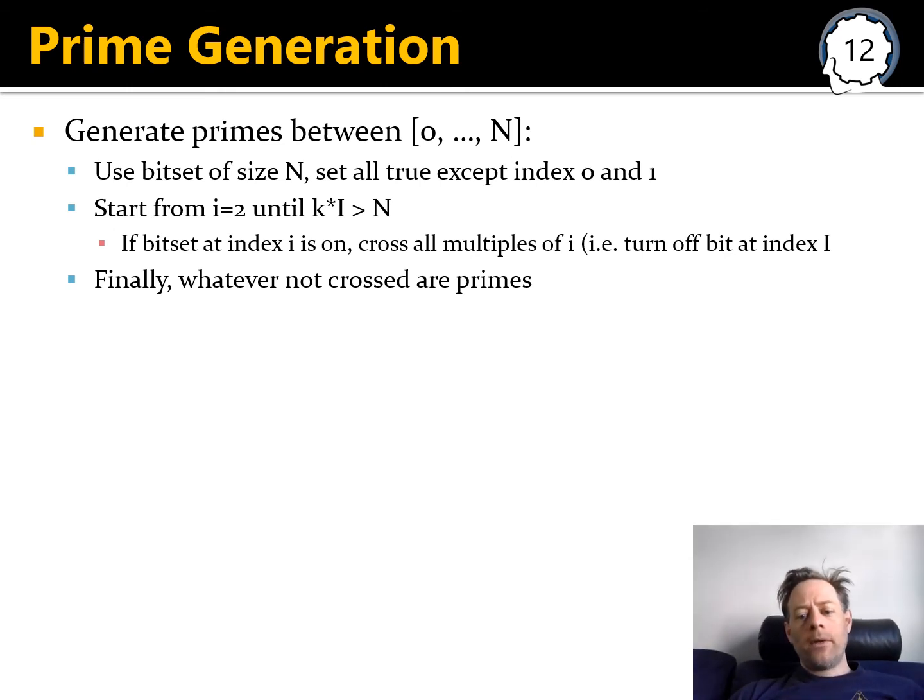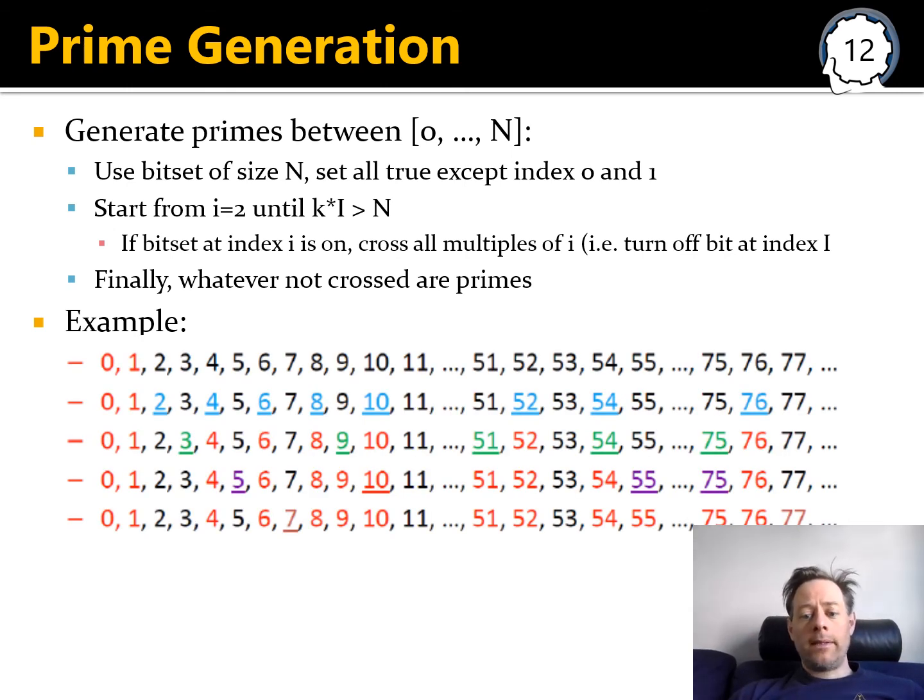So we start with the lowest prime number we know, which is 2. So 0 and 1 are not prime numbers. We take the first uncrossed number, which is 2, and then we remove all the multiples of 2, namely 4, 6, 8, 10, and so on and so forth.